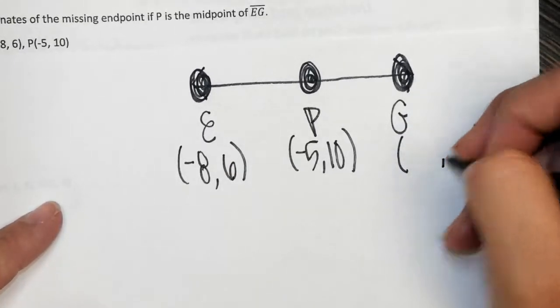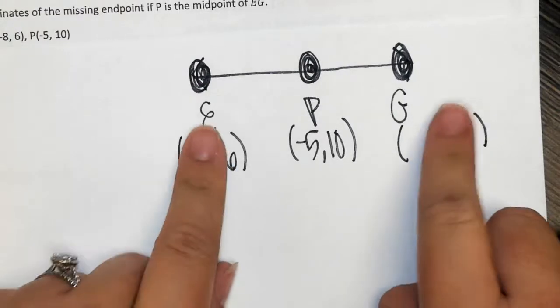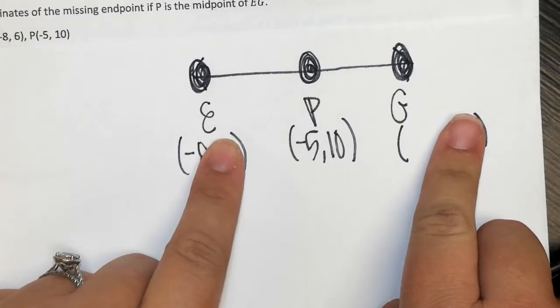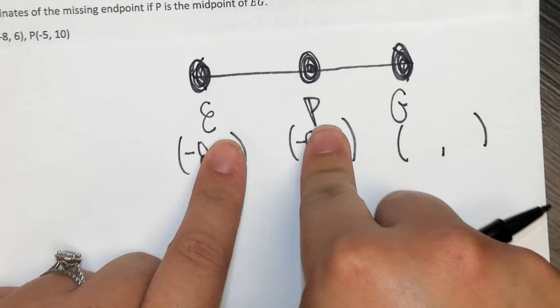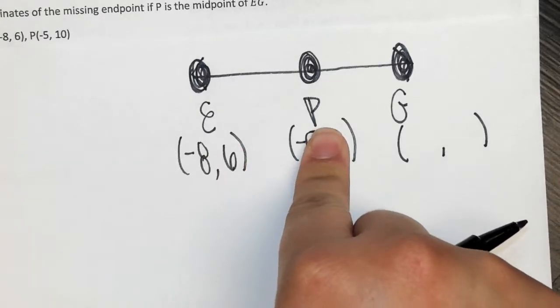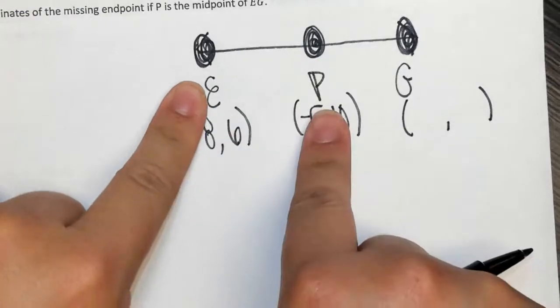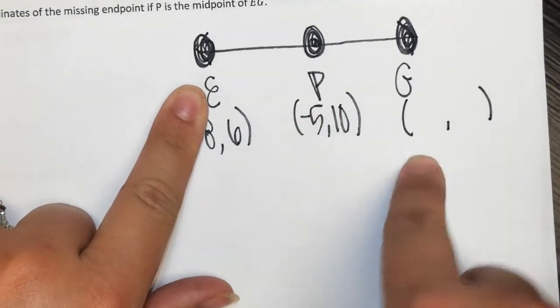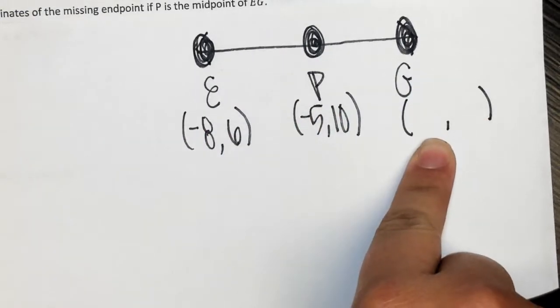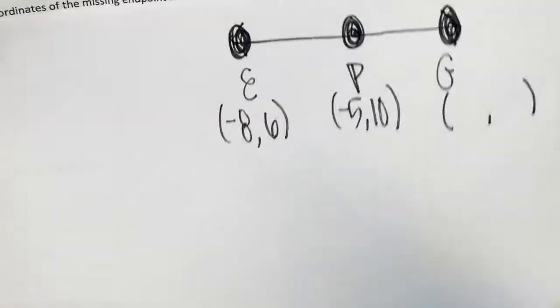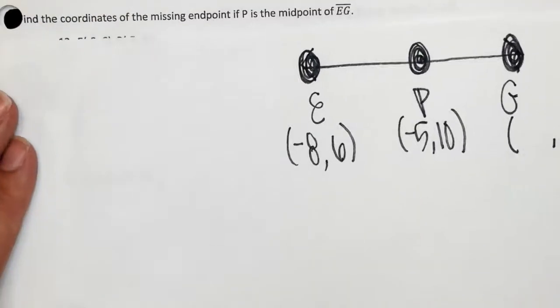But what we have been doing, we've been taking these two, adding them together, dividing, and getting the midpoint. Now we have to reverse the formula so that we can use one endpoint and one midpoint to find the other endpoint. So y'all got to stay with me, okay? Here we go. Let's write down the midpoint formula.